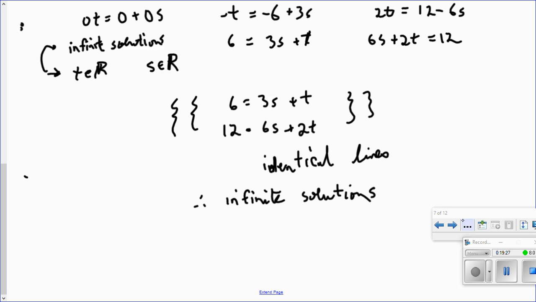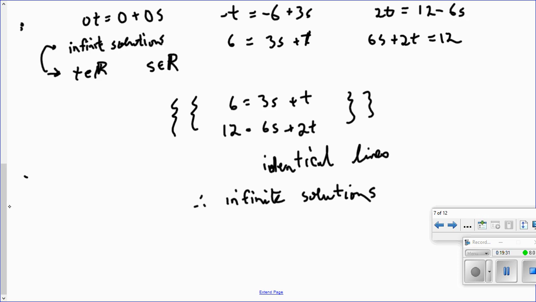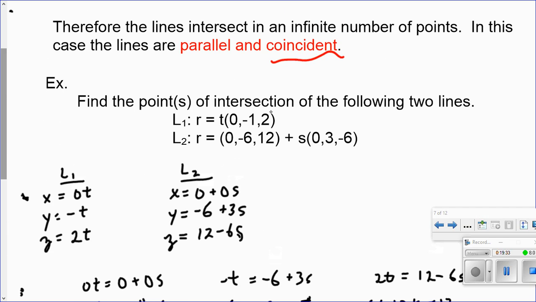Now, before we finish this example, I want to go back and take a look at the original question here, and look at the direction vectors. Our direction vectors suggest that these two lines are parallel. And look at our direction vectors. Our direction vectors are combinations of one another.